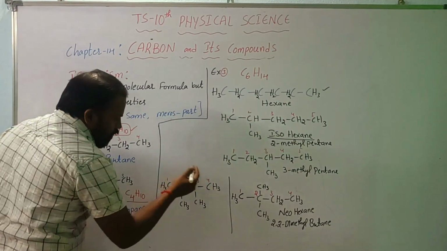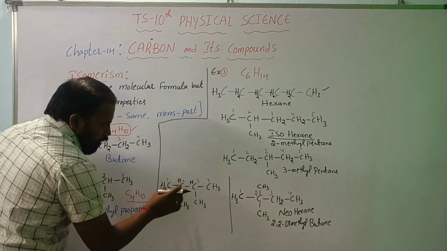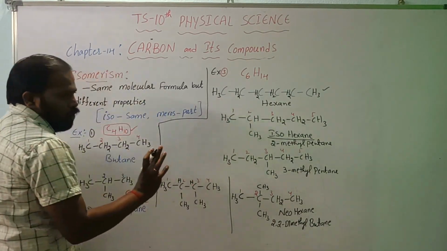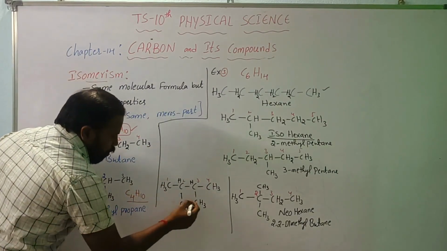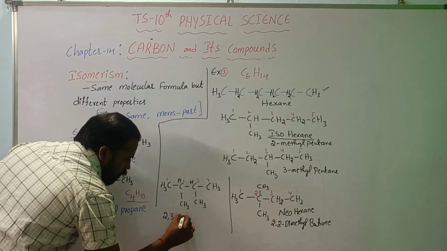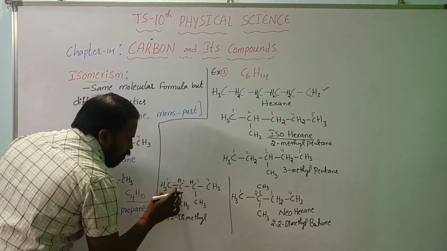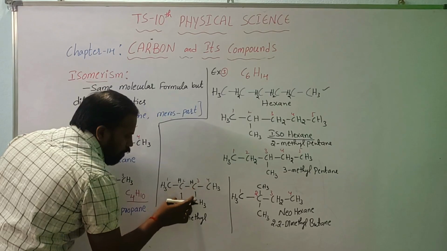What is the name of this compound? Sir, the second carbon has a methyl, but it also has another methyl, so we should not call this the iso position. We write the general nomenclature: 2,3-dimethyl. At the second position a methyl group, at the third position a methyl group.